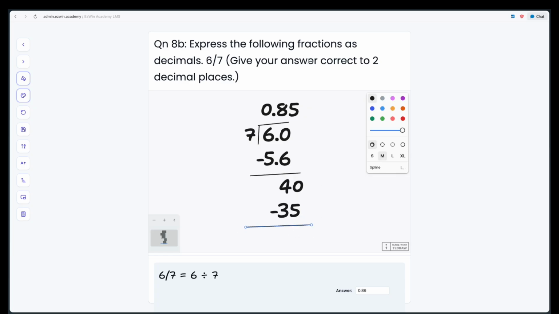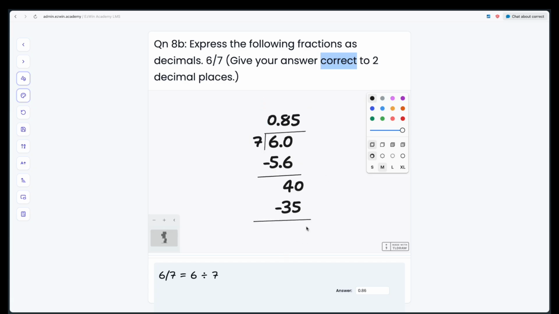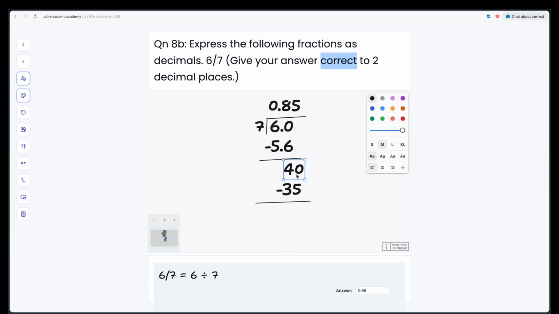And then the thing is, do we stop here? Because it says give your answer correct to 2 decimal places. So correct means we round to 2 decimal places. That means we need to go to 3 decimal places to round to 2 decimal places. So 0.85, and then let me zoom out a bit. This will give us 5. Okay, and then we put 0 again. And what do we minus for 50?